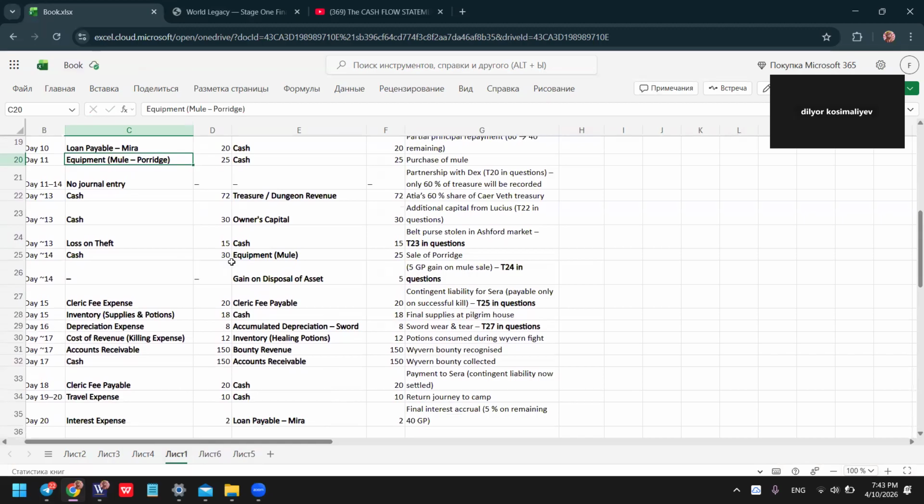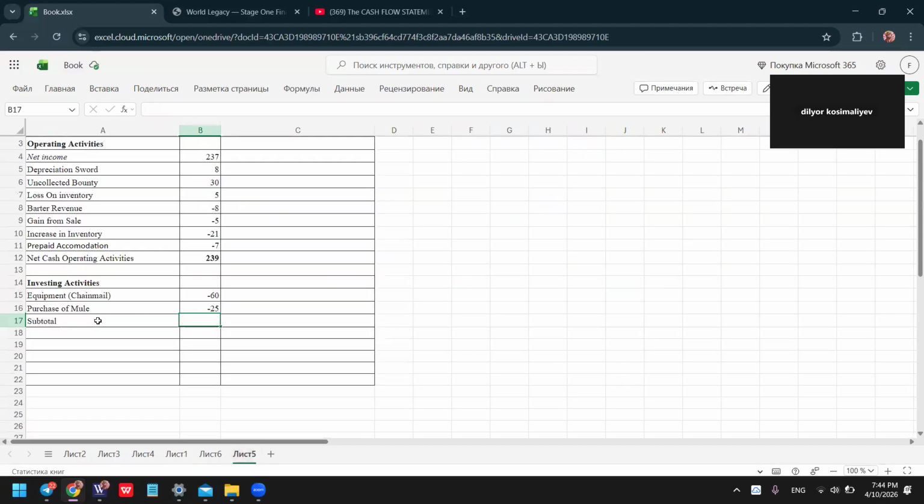Yeah, we actually sold it. So selling is also part of investments, right? We buy investments and we sell them as well. So we sold what we bought for long term, so it will be part of investing activities. And since we sold it, it will be recorded as positive, sale of new.